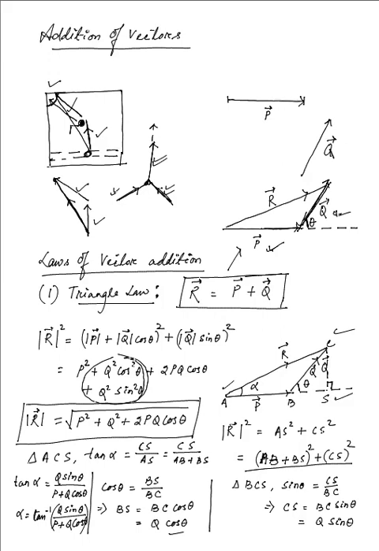We were cramped for space at that point. So at the top I'm writing this again. So alpha is equal to tan inverse of Q sine theta divided by P plus Q cos theta. Now if you observe this closely, you can remember it.